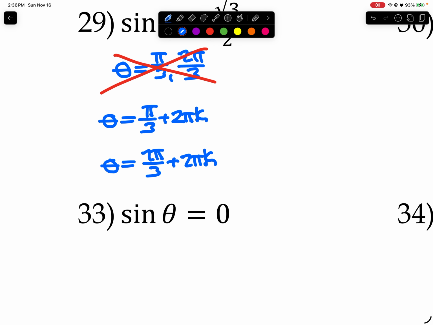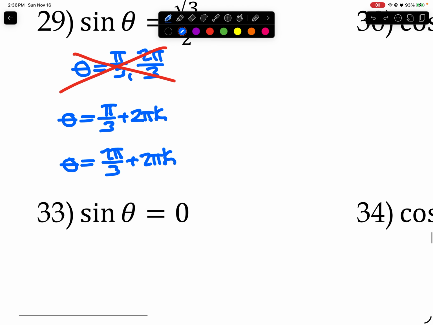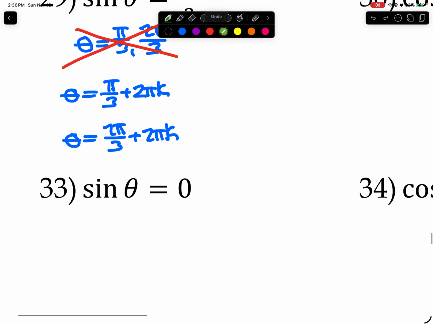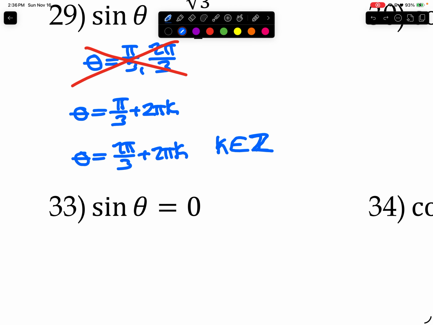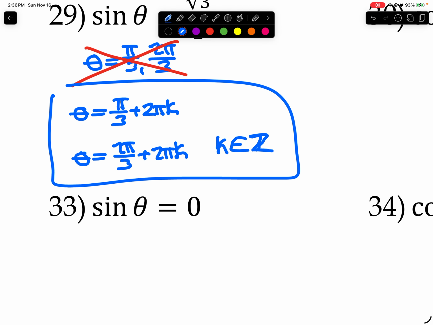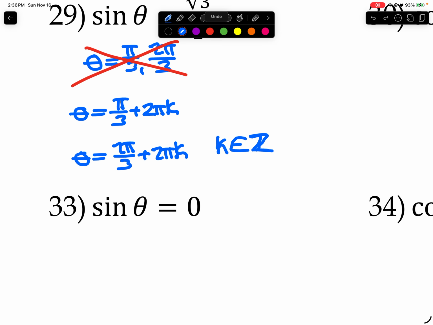Now, if I just write this, you're still missing a component of your answer, because you need to define what the letter k is. So you have to write k is an element of the integers. My students in the past like to call this kes. I don't really care what you call it as long as you write it. So this would be your full answer. If you don't write k is an element of the integers, I would technically take points off because your answer is incomplete.